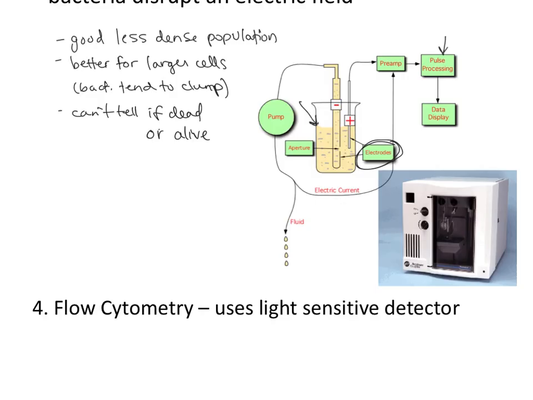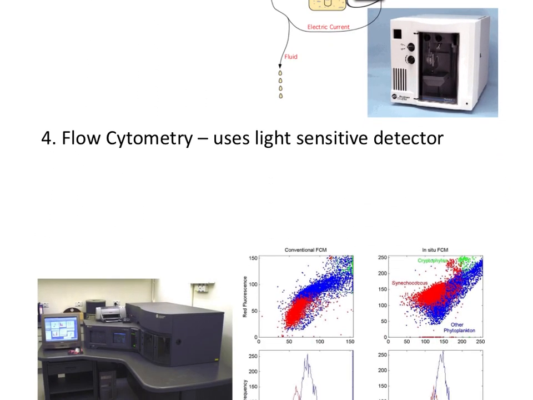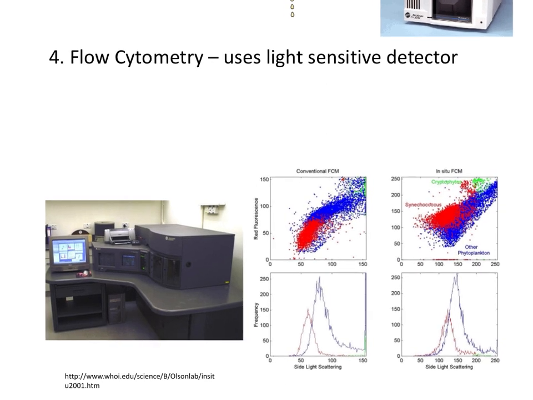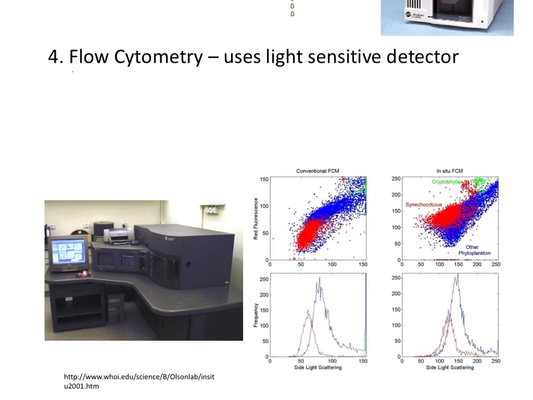And then one more method, we're getting top of the line now. It's a device called a flow cytometer. A basic model can be fairly inexpensive, maybe like $10,000, but if you get one with all the bells and whistles, it's over $1 million.